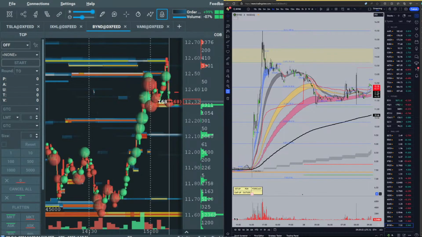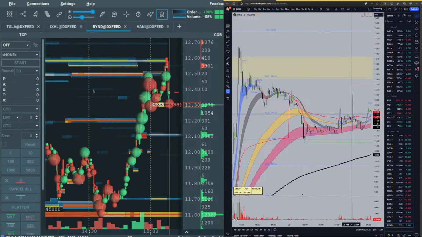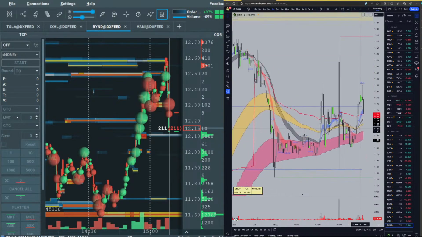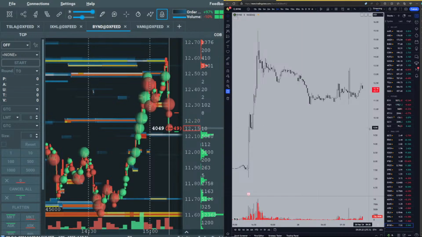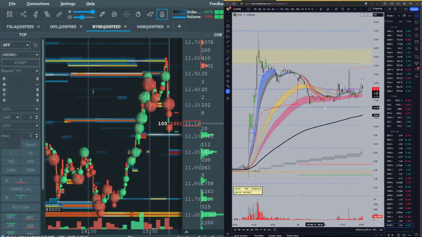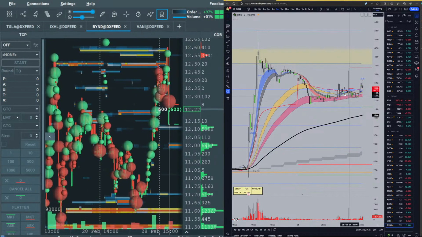So this morning, what we're looking at is going to be a double plan. As usual, we're going to look for a dip into the 11 over here, 11.50, 11.40s. If we have a dip over here, I will look to long Bynd, okay? Remember that this level is a main support, this 11, 11.15. If we hold and start bouncing, that is going to be our long play for the morning.